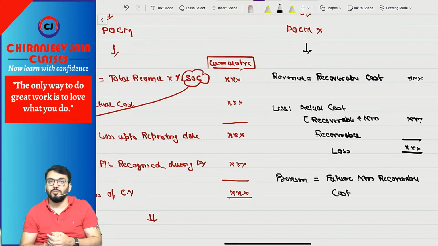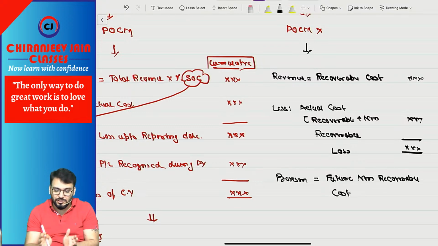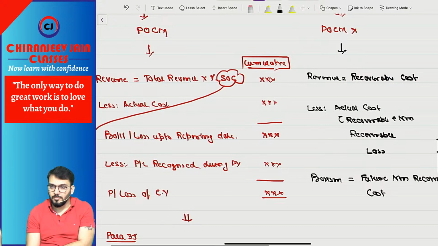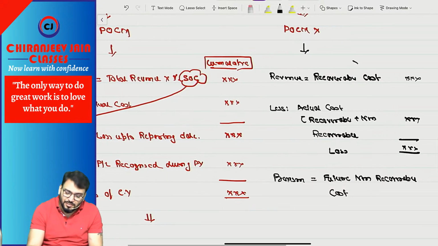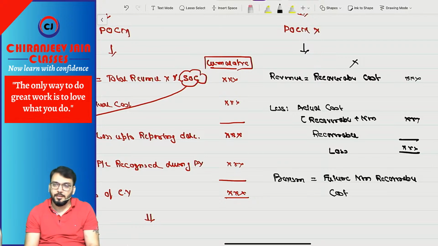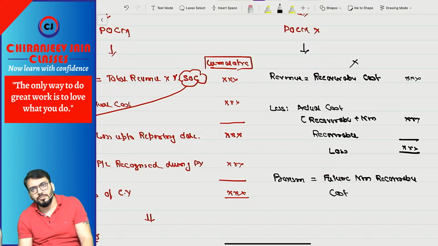For that we will create a provision. Understood? I am just giving a synopsis of this chapter. Till now this type of question has not been asked in the exam. So if they ask, you can do it.